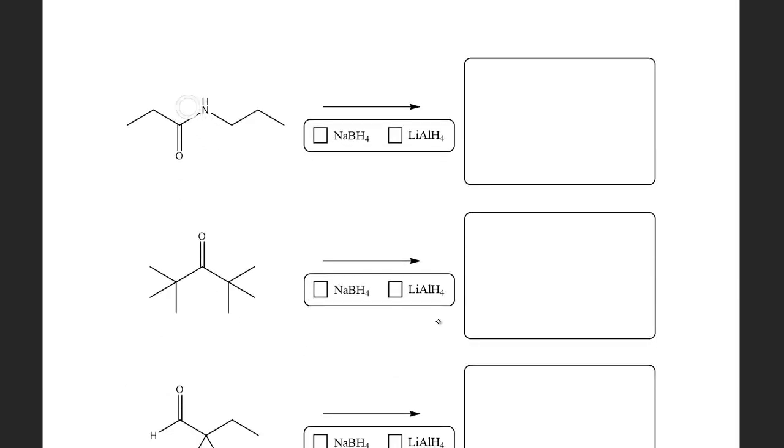And for the next, again, we have that amide functional group. So this nitrogen carbon bond will not be broken. We need to use the stronger reducing agent to fully reduce this to a CH2. We still have NH, and we still have that there.